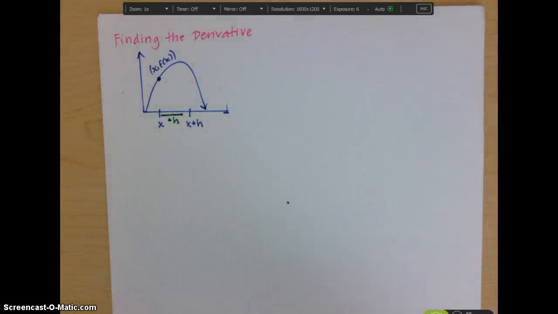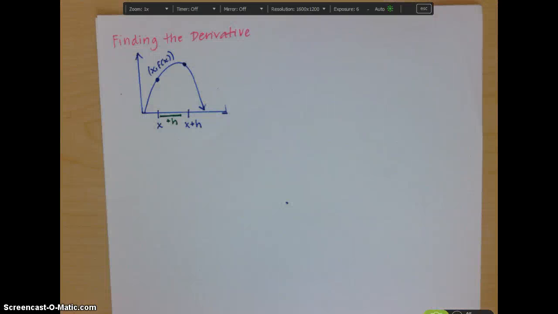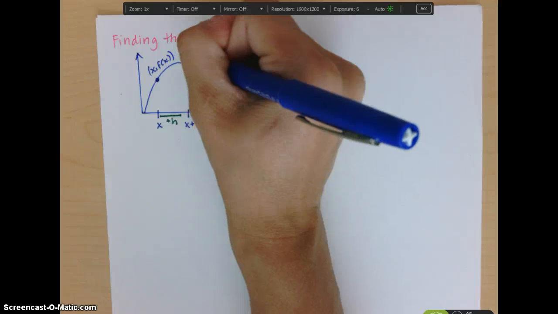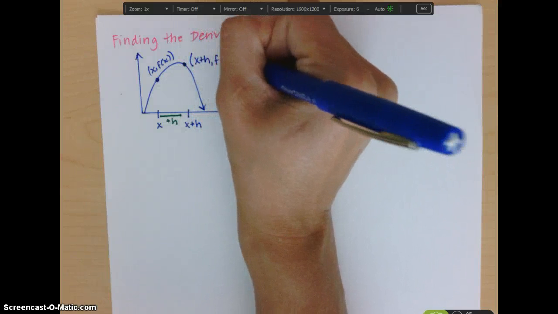Again, we didn't know what the value of h was, but we took an x value, we added h to it, and we got to x plus h. So in terms of a corresponding point, the coordinates here would be x plus h, comma, f of x plus h.